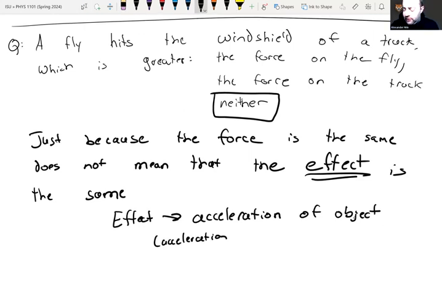So third law pairs, even though they may be the same force, do not guarantee the same effect, because a lot of times the objects exerting them have huge differences in mass. Even given the same force, you might have a wildly different effect on the object. That's the key thing to keep in mind.